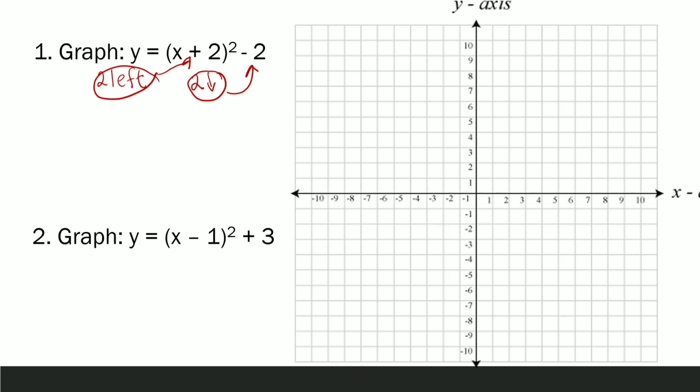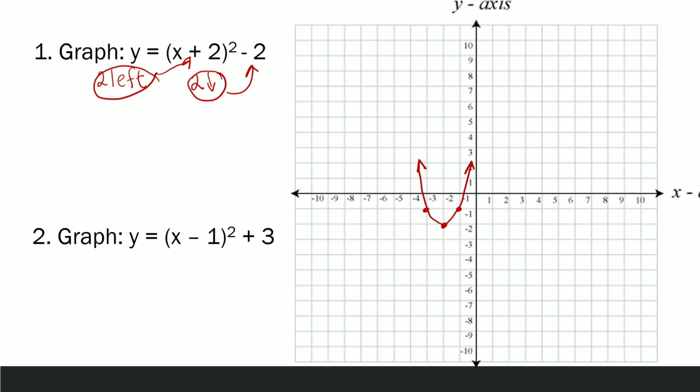Drawing na natin. And then, since kahawig lang naman yung parabola ng y equals x squared, yun yung mga points na pwede nating i-add in order to graph this quadratic function. Ayan. So, yan ang graph ng y equals (x plus 2) squared minus 2.